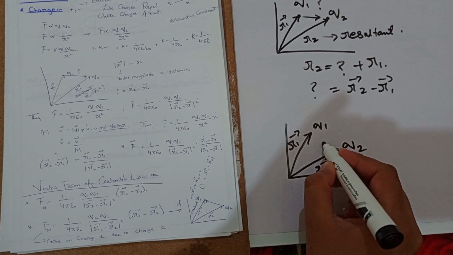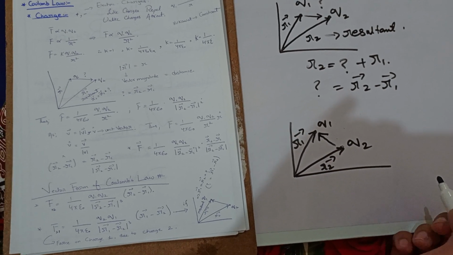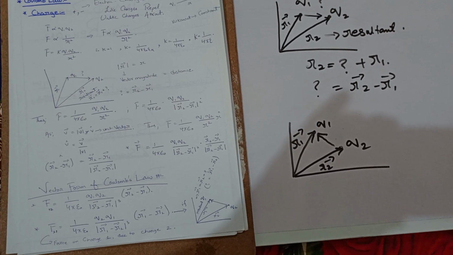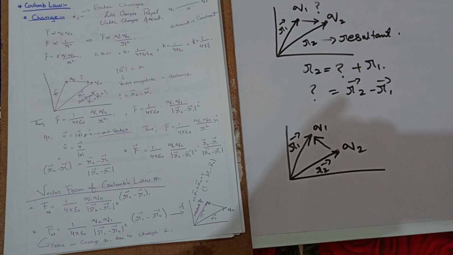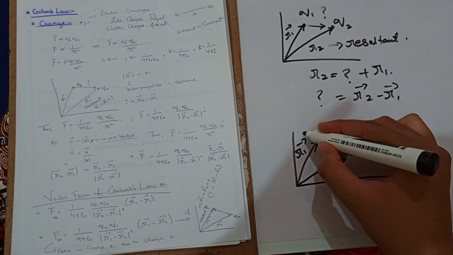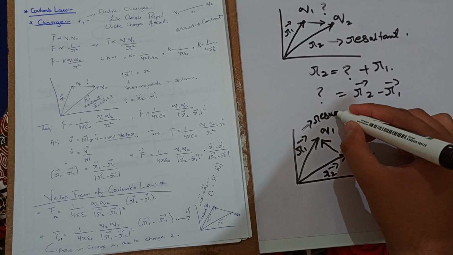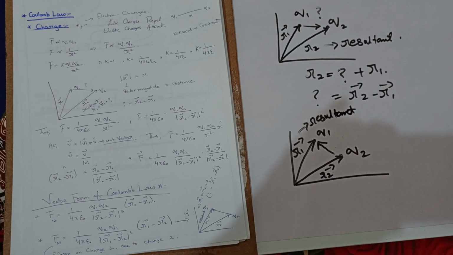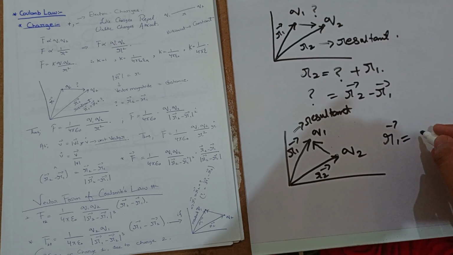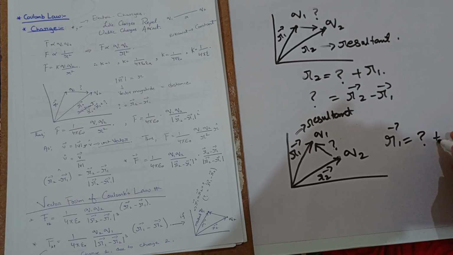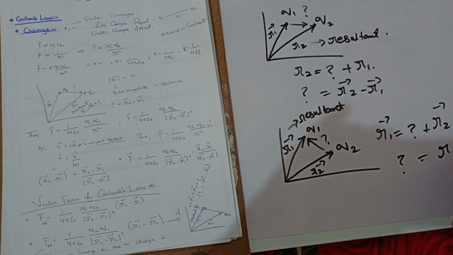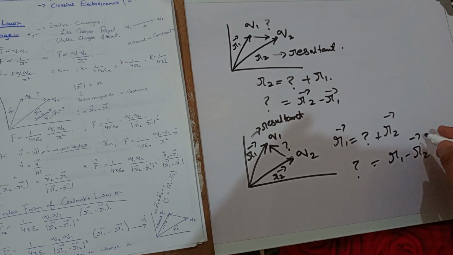Now I have to draw this, because I have to find the force on charge 1 due to charge 2. So now what is the resultant? You can see head with head, tail with tail. So now r1 is the resultant, and r1 is equal to the question mark plus r2. If you want to find the question mark, it becomes r1 minus r2.